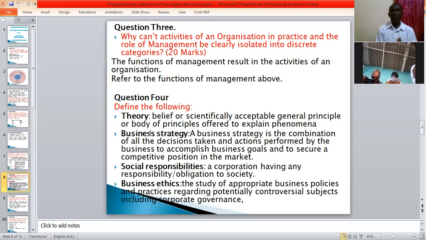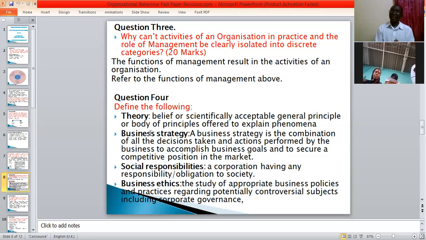Then business ethics. That is the study of appropriate business policies and practices regarding potentially controversial subjects. When you are talking about business ethics, we are looking at appropriate business practices and policies.